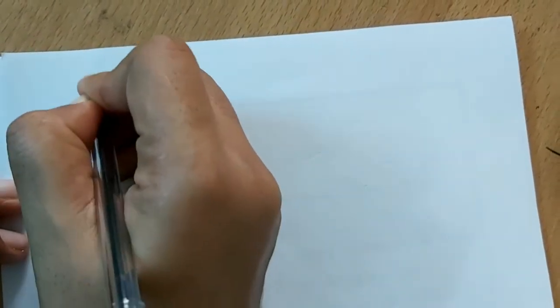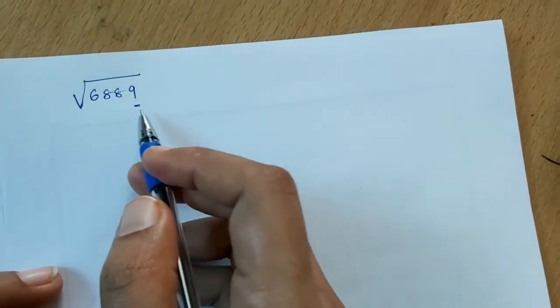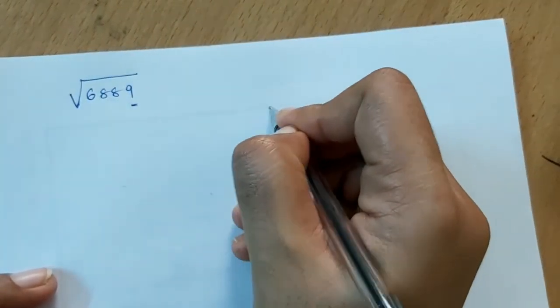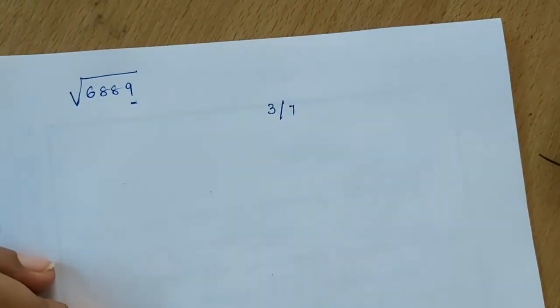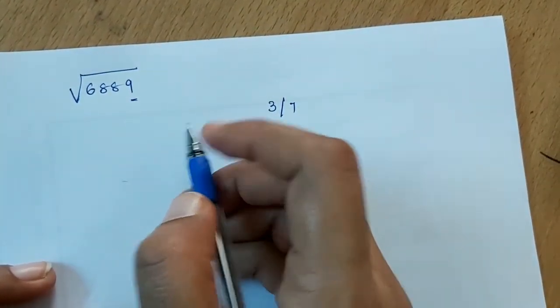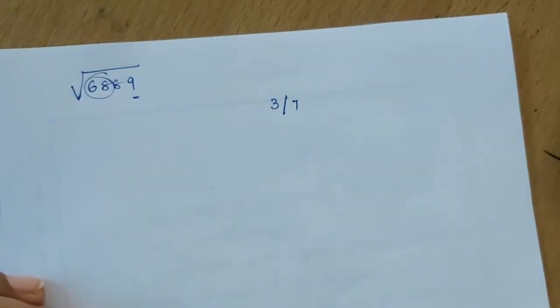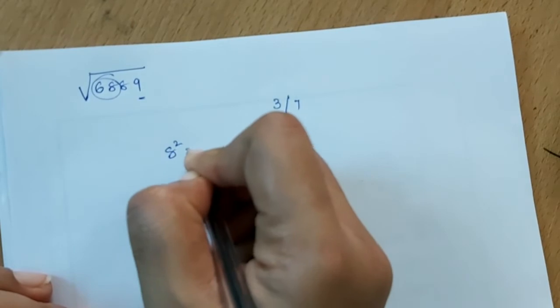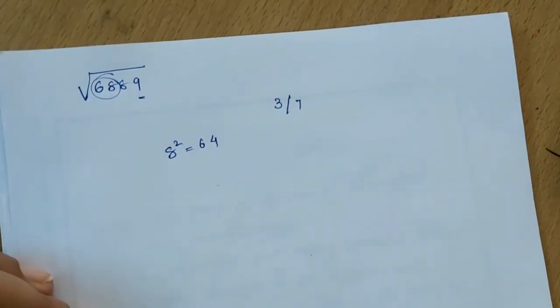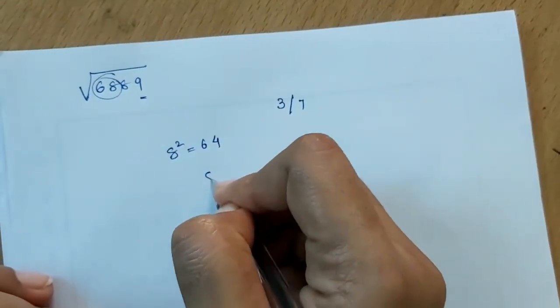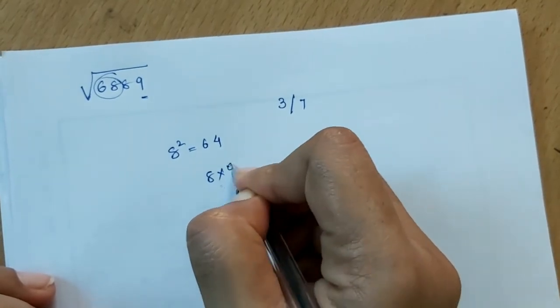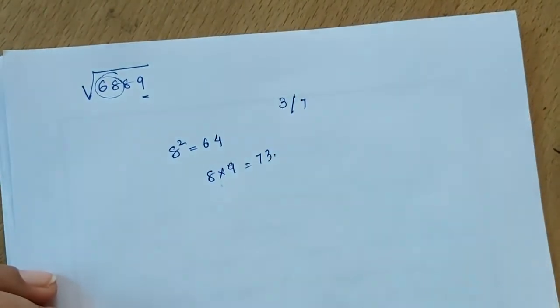Okay, next, let's go to the next number. Square root of 6889. The last digit is 9. Which numbers end in 9? 3 or 7. Then let's take the first two numbers, 68. The number whose square lies within that value is 8, 8 square is equal to 64. 8 into 9 is equal to 72.